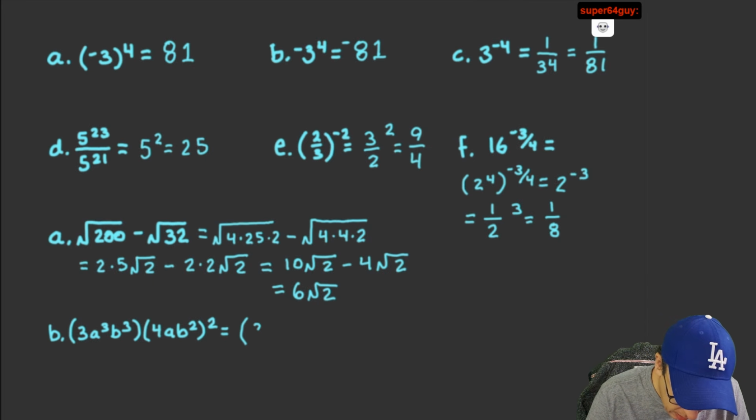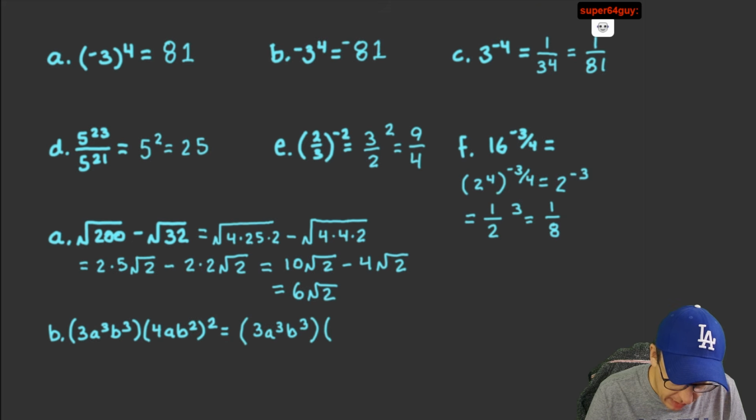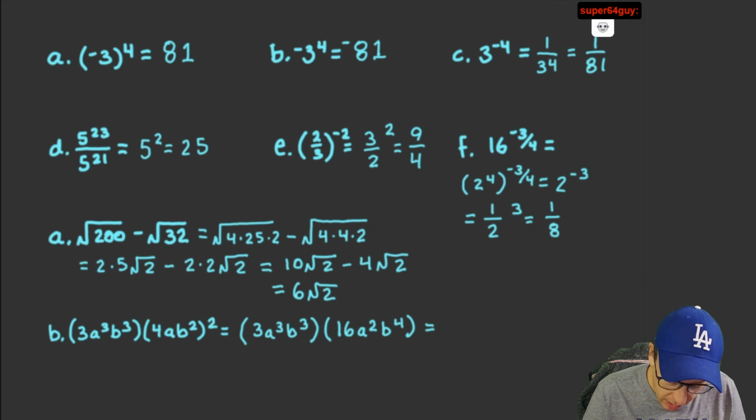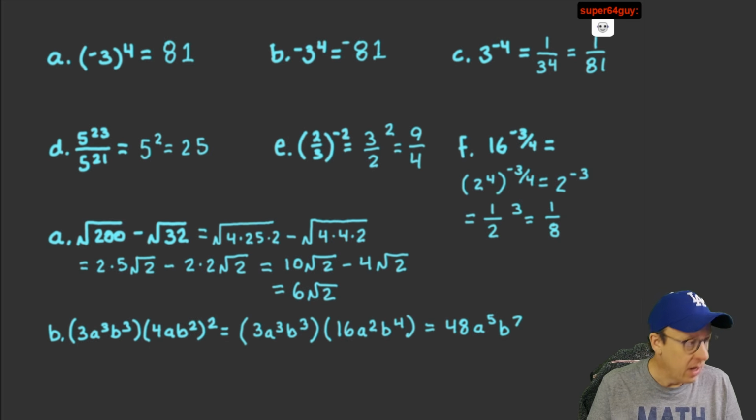So this is going to be 3a to the power of 3, b to the power of 3, times, and let's get rid of that square part, 16a squared and b to the power of 4. Then we can simply multiply across with those values, and you're going to end up getting 48a to the power of 5. We can just add the 3 and the 2 to get that, and then we'll have b to the power of 7. And that is how you solve that.